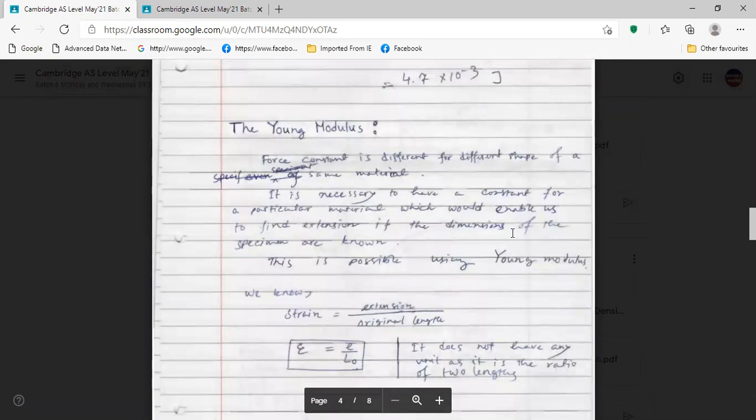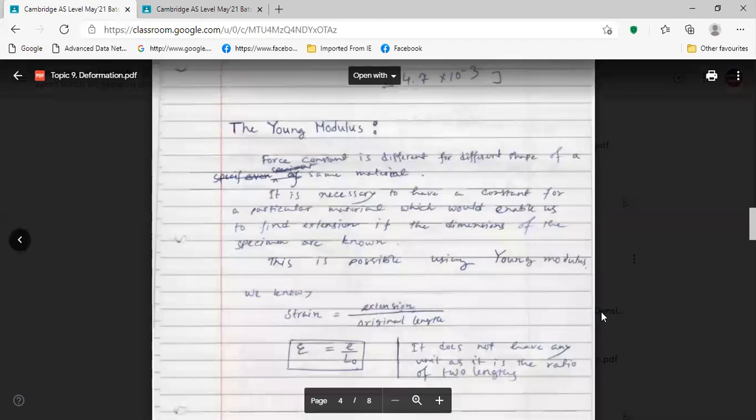Then in topic 1 you heard about Young modulus, right? So you write the heading Young modulus.